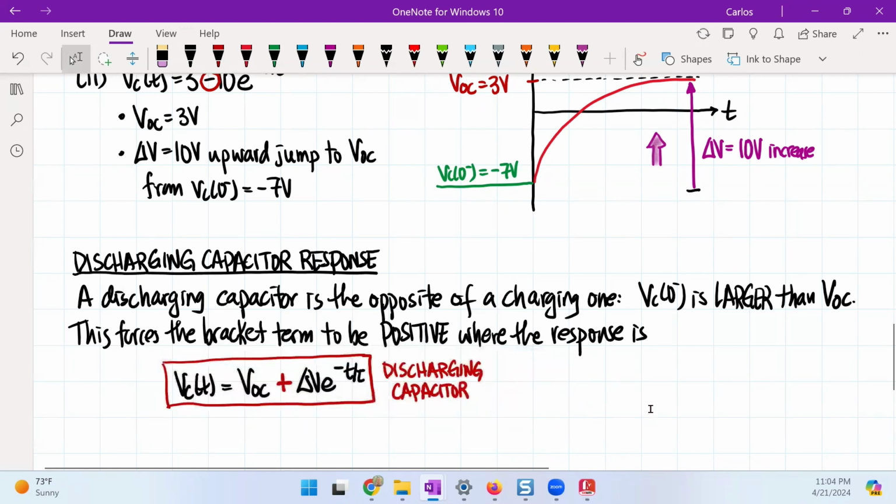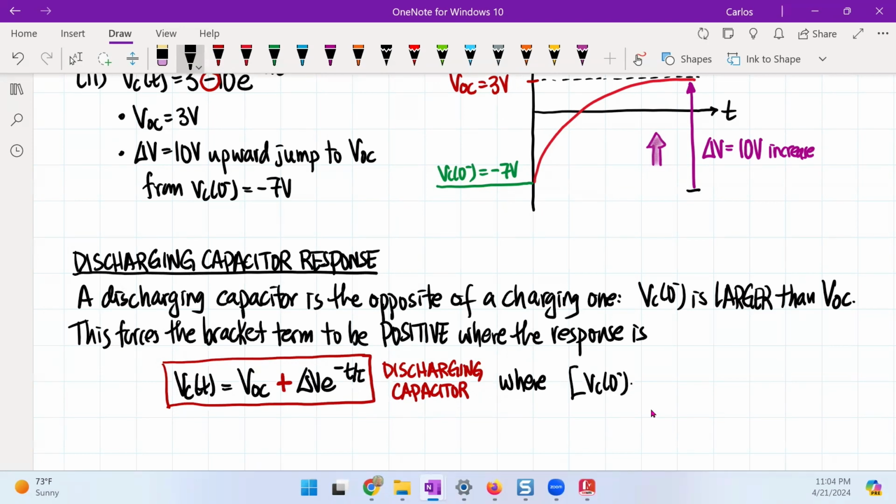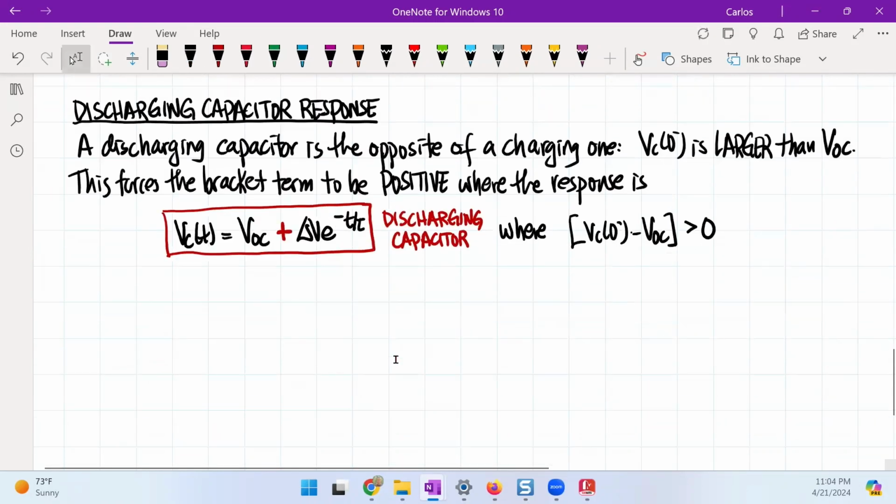Now, to be clear, we define that VC of 0 minus VOC, that this term is a positive term, and that's where you get that sign here. So we said this before, so let's keep doing it for this one here.